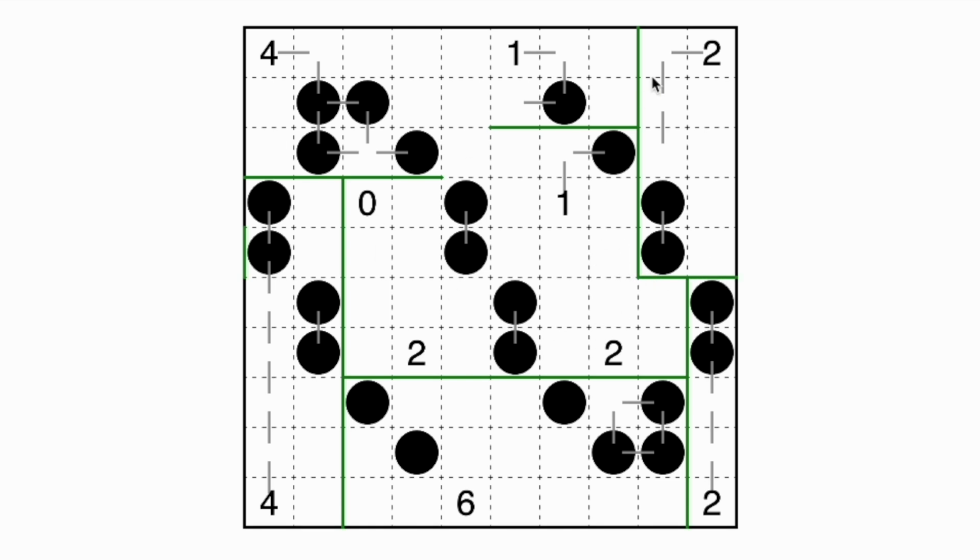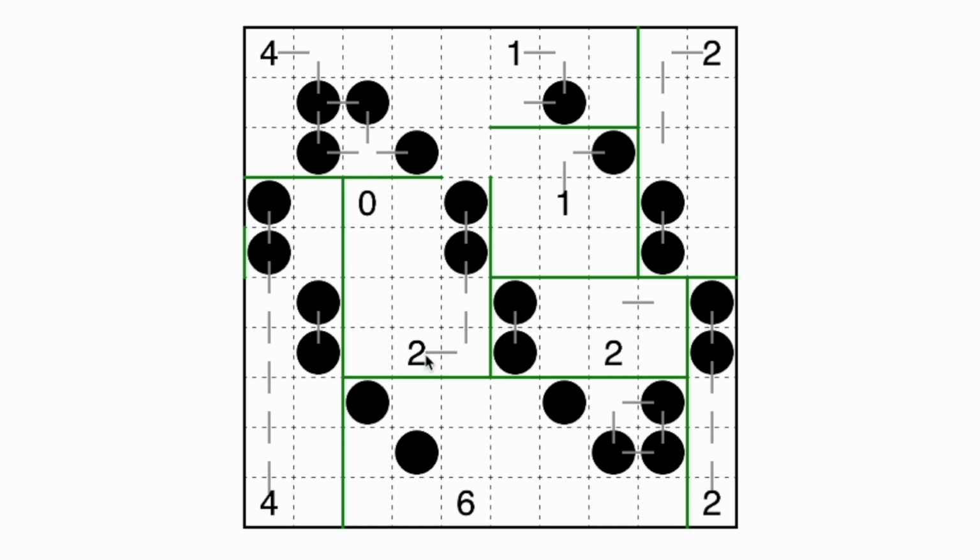Didn't mean to draw that one. Okay, great. This cell has to belong to this clue. And that has to grow until it gets these 2 circles. This 2 clue has to belong to these 2 circles now, so it's going to have a wall on the east side.